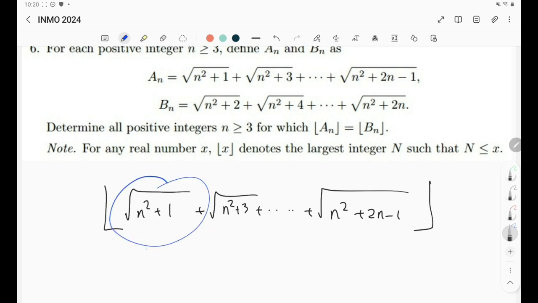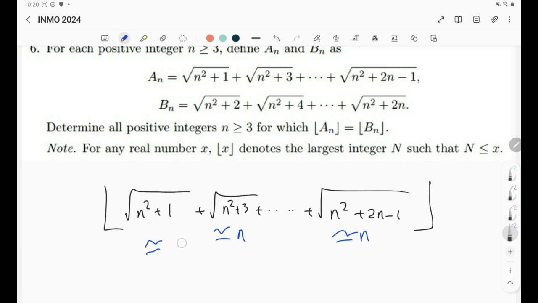If you look at this, what is it exactly? This is n squared plus 1, so the root of this is approximately n. Same thing here, it goes to n, and so on. Each of these should be strictly greater than n. But what about n plus 1?